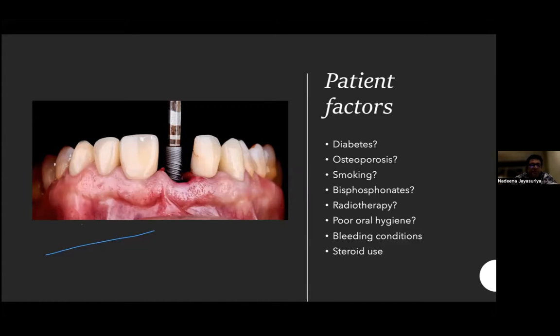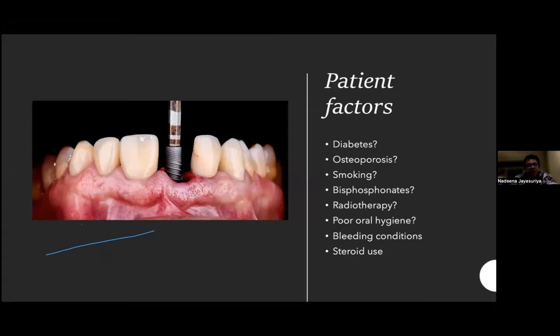But remember, there are absolute contraindications, for example, radiotherapy, and other conditions where you really need to take precautions, like bleeding conditions and where the patient is taking medicines like bisphosphonates. Now, I have done dental implants on a patient who was taking bisphosphonates, but then we have to stop the drug for a period of time, and then we have to get the opinion from the physician, and then consent from the patient, and then do the treatment.